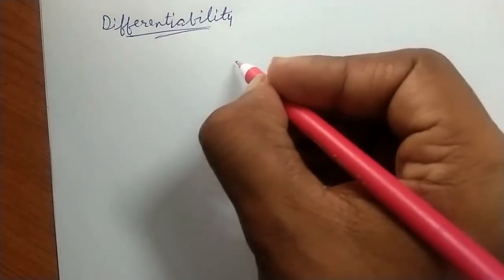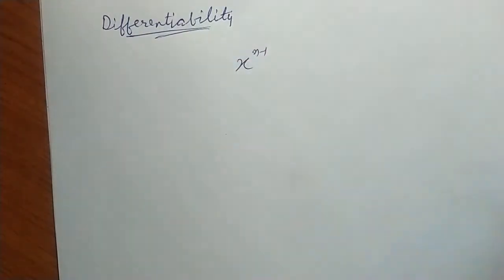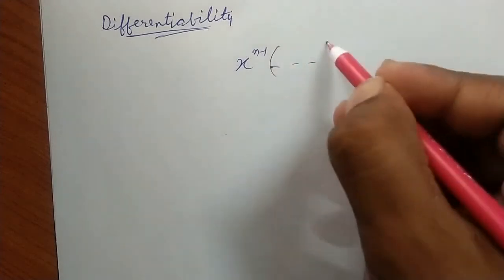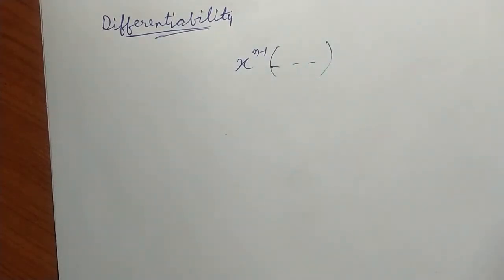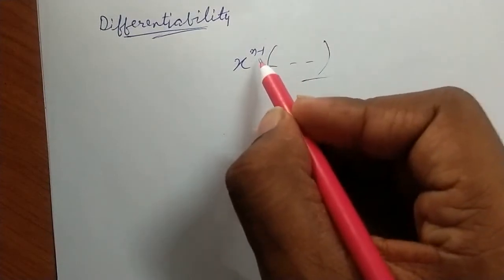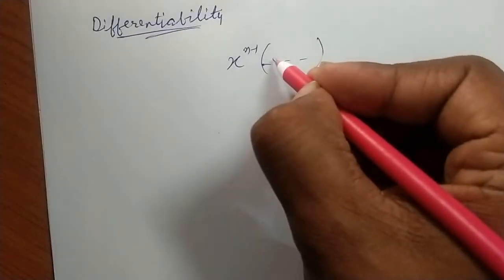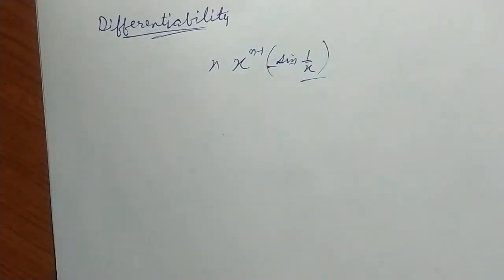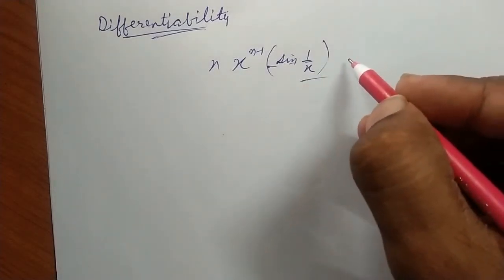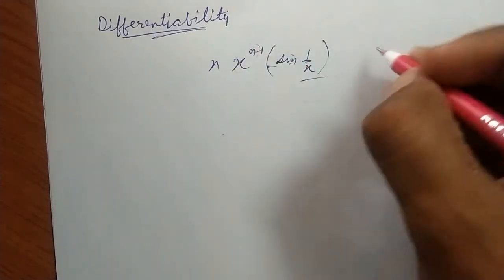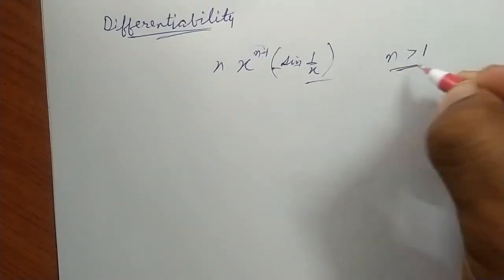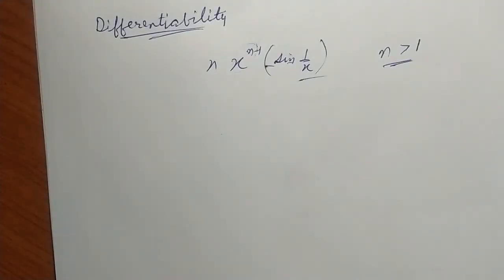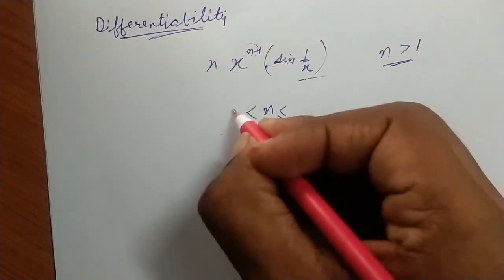So when you differentiate, x power n would become x power n minus 1 plus something, suppose sine or cos, and for this to exist, n has to be greater than 1. So for the function to be differentiable, n has to be greater than 1. So the value of n for which the function is continuous but not differentiable would be between 0 and 1.